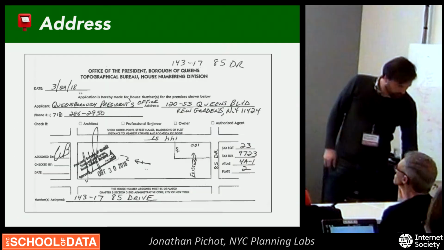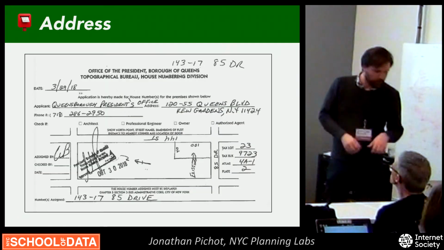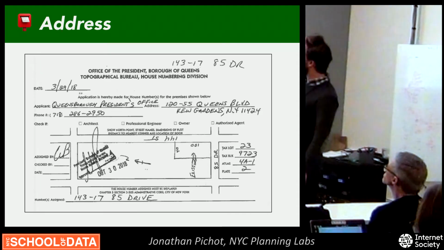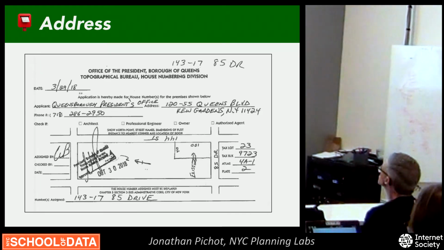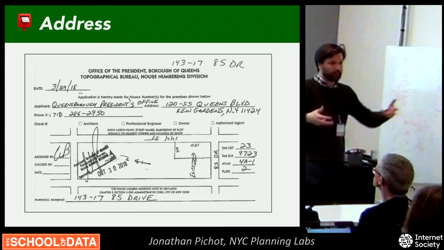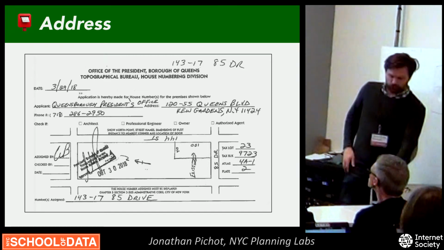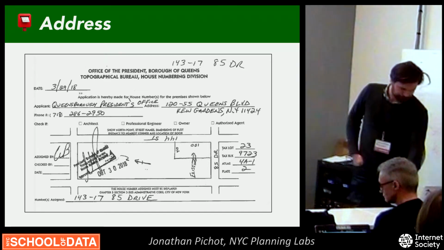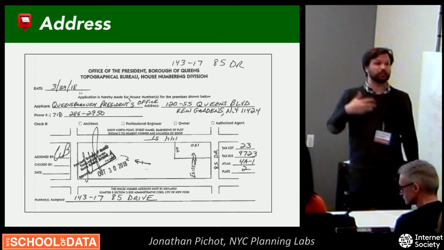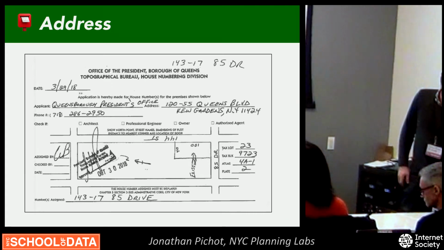This is the Queens topographic office sending us another letter with the block and lot identified and the address given. So we get those letters and we integrate those into the PAD database. That's how we get new addresses.